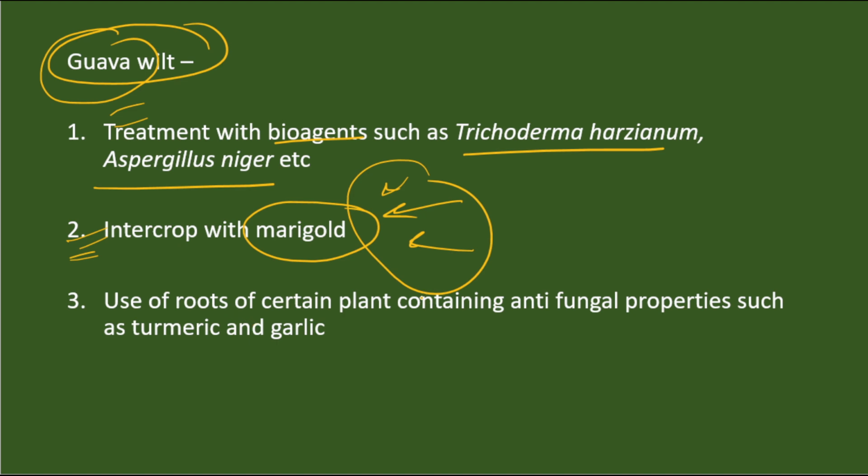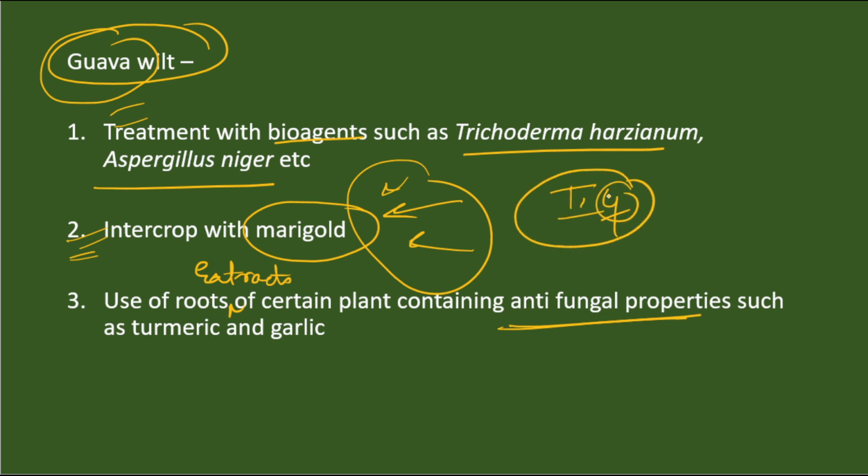We can use roots of certain plants containing antifungal properties, such as root extracts. You can write either we can use root extracts or we can also intercrop with these crops, because turmeric, garlic, we can intercrop with turmeric, garlic, so that the antifungal properties of these crops act on the pathogens, and they do less damage.